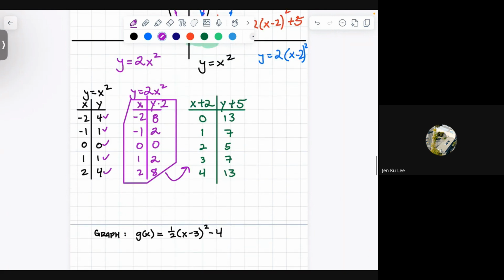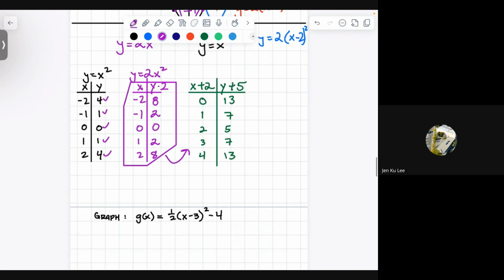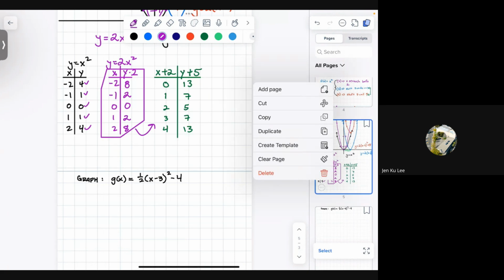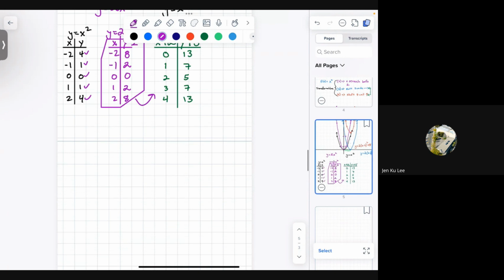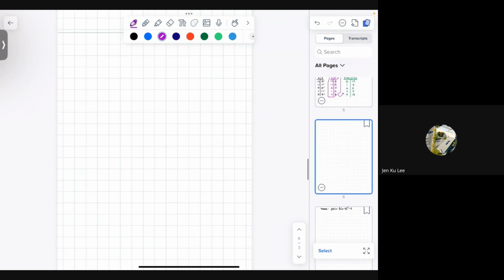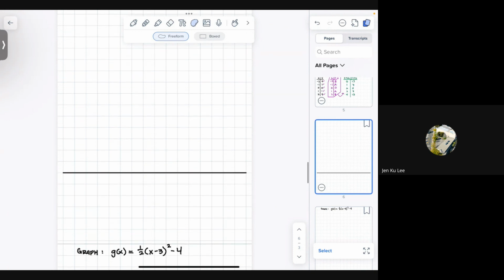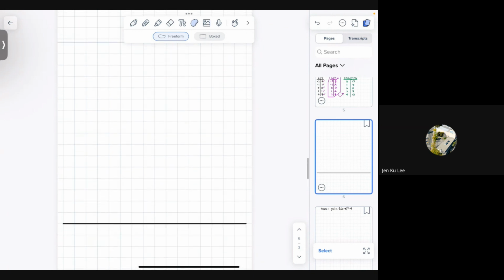So on an exam, what I'm going to ask you, if you do this, is always, always, always, always and forever, what we are going to do is graph first the parent function. Okay, always.